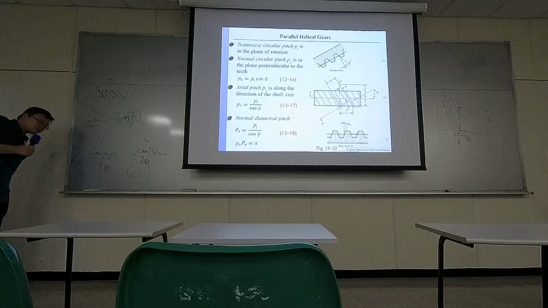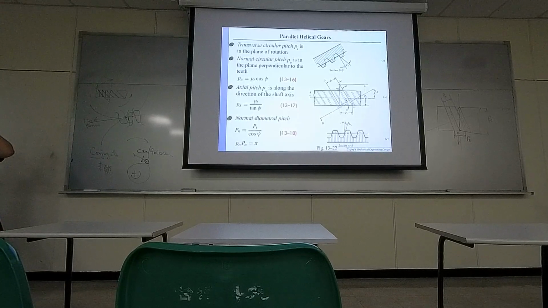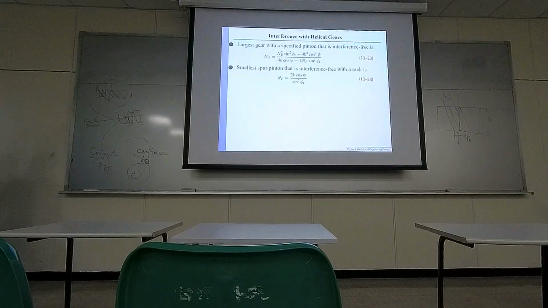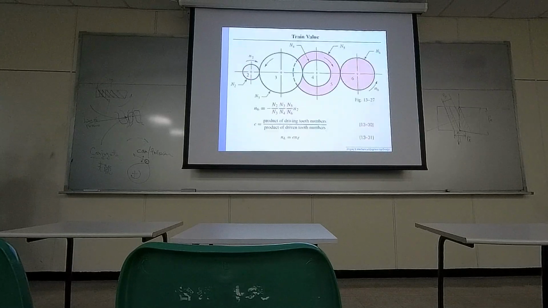Why is it important? Because we want to know, when there is a force applied from one side to the other side, where is the position of the force, and what's the angle. The direction of a force is very related to the geometry right here. So I would like to move forward to show you what is more important to this chapter.